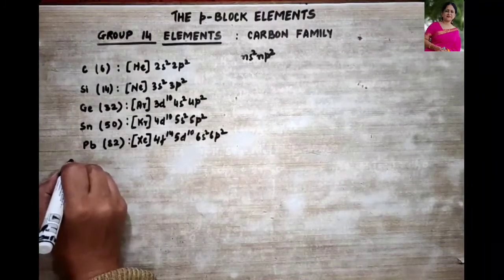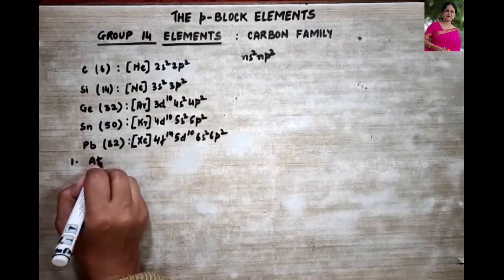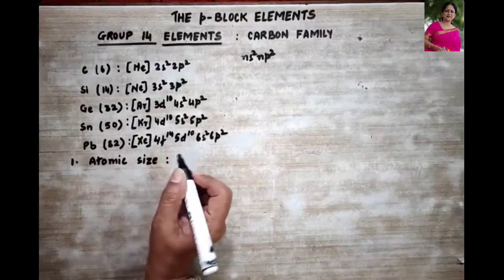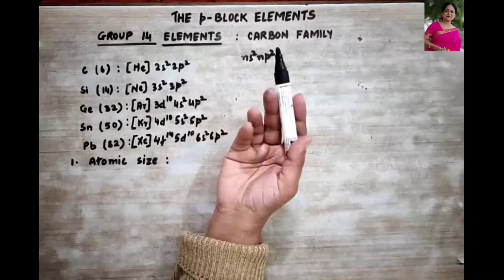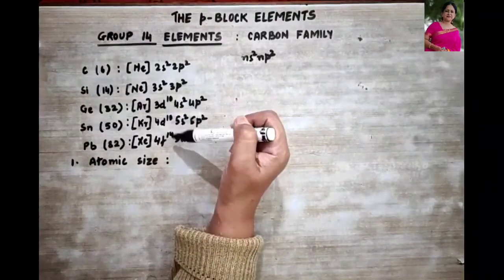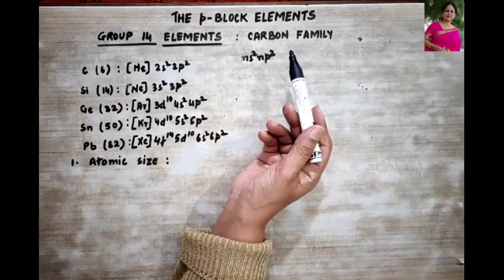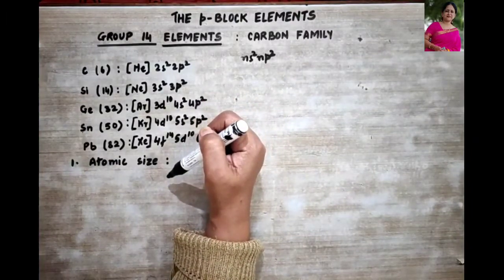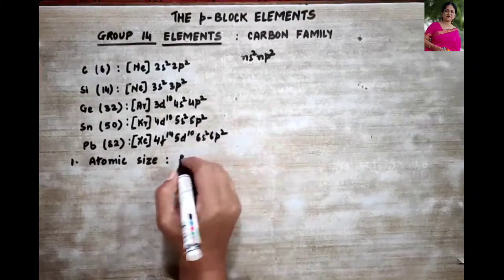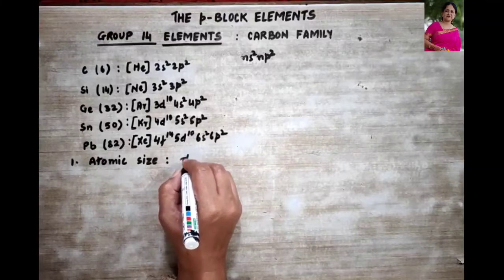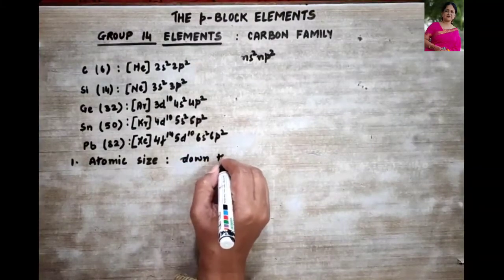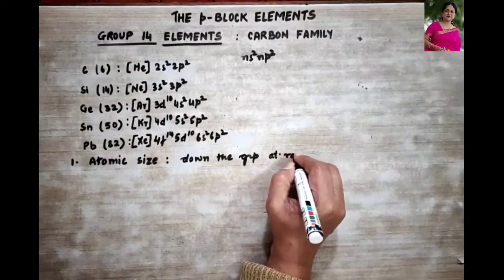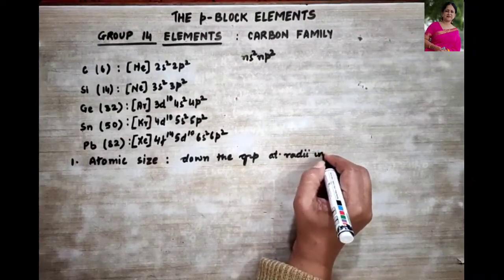Now we are going to talk about the first point, that is the atomic size. What do you know about the atomic size or the atomic radii? As we go down, what do we observe? The number of shells are increasing, isn't it? Therefore, we say that the atomic size increases as we go down the group. So, down the group, atomic radii increases.